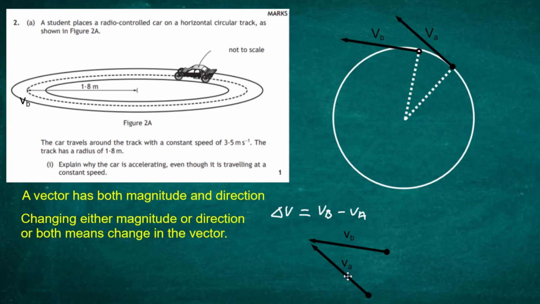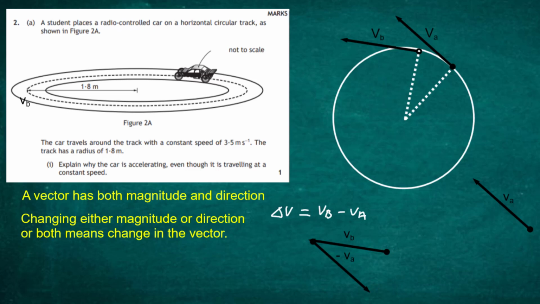We have to take the negative of VA, and the negative of the vector VA is simply one pointing in the opposite direction, like that, with the same magnitude, same size. Now we can add nose to tail. So we do this one here, VB, and put the tail of vector minus VA onto the nose of VB, and we have the proper sum, VB minus VA.